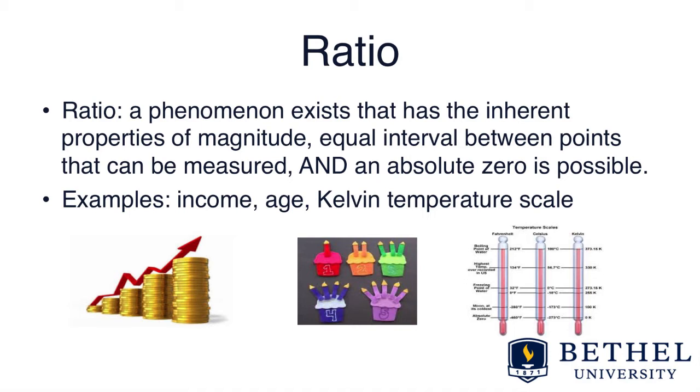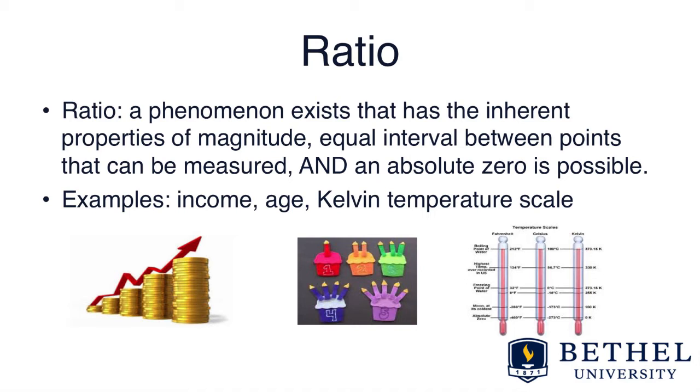So there is a physical property where there really can be none of it. A great example is income. Income is ratio scaled because we know that it's possible to have absolutely no income, a big fat goose egg 0. We also know that when we measure income in dollars, we're measuring it in equal intervals.